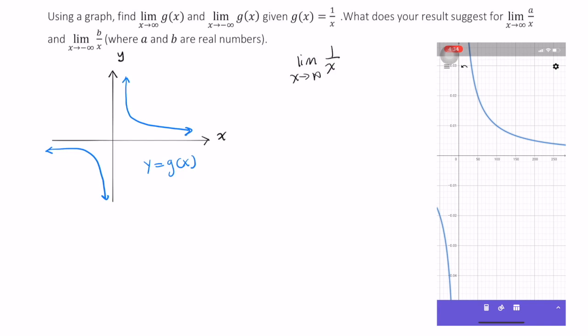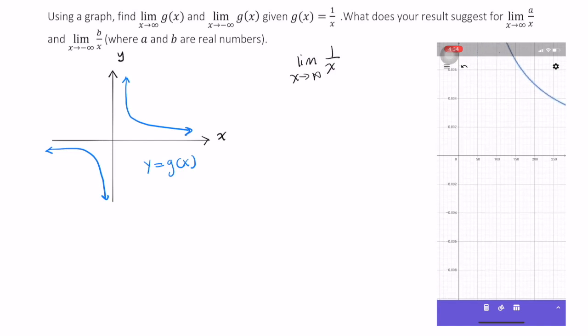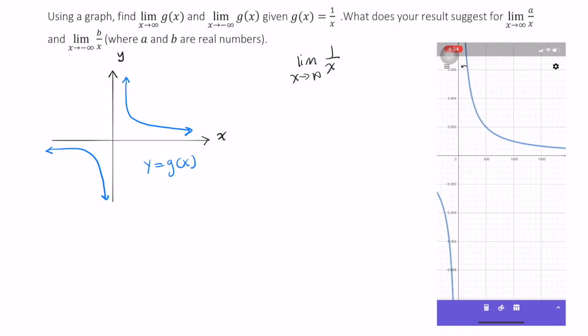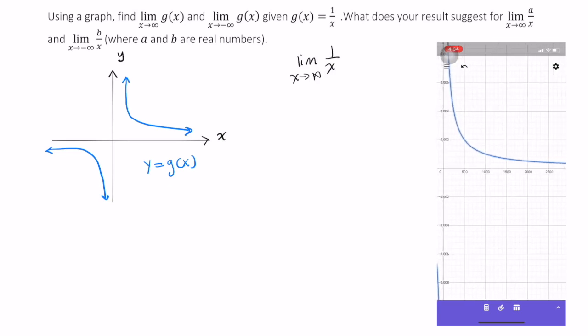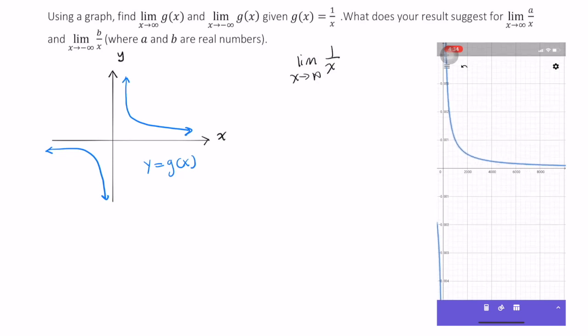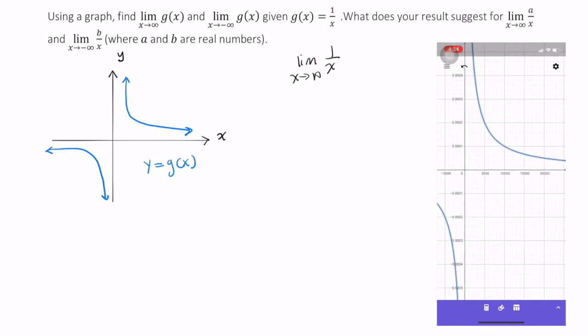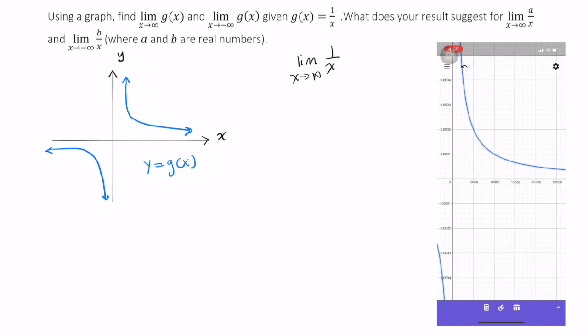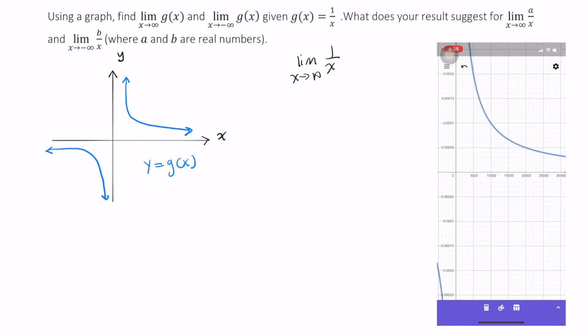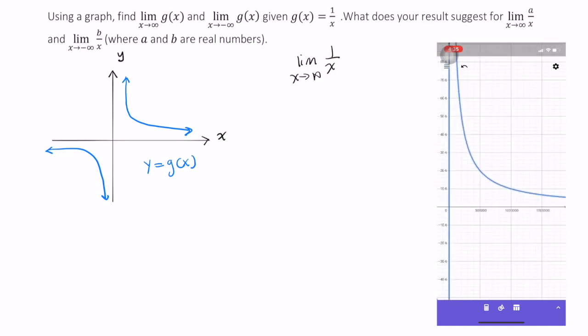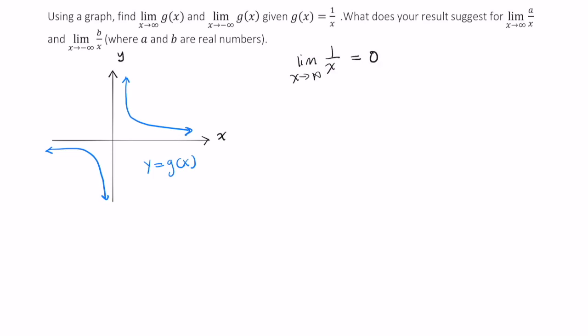So no matter how large we get on x, it's clear that this blue graph, that is g of x, will never touch the x-axis. It's just going to get closer and closer and closer to the x-axis without actually ever touching the x-axis. So as x approaches infinity, this function is going to approach 0.